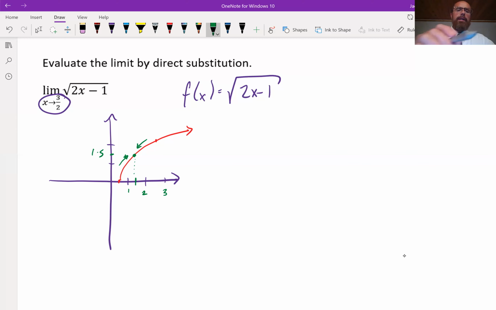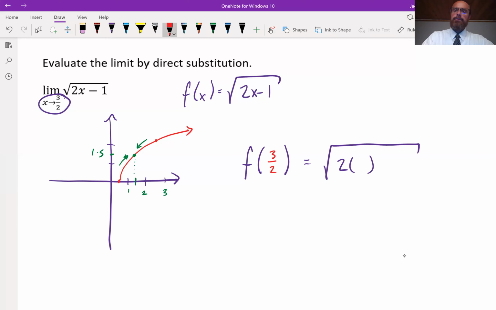So we're ready to do the direct substitution. So we're going to calculate f at 3/2. I'm going to keep that as a fraction because it looks like it'll be really useful when we substitute. So that's the square root of 2 times 3/2 minus 1.